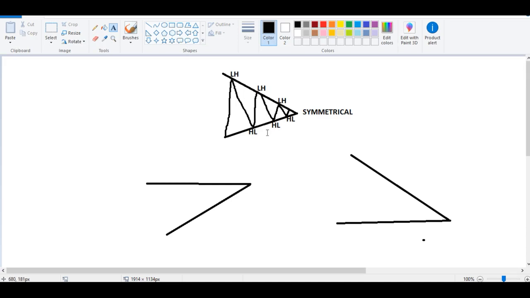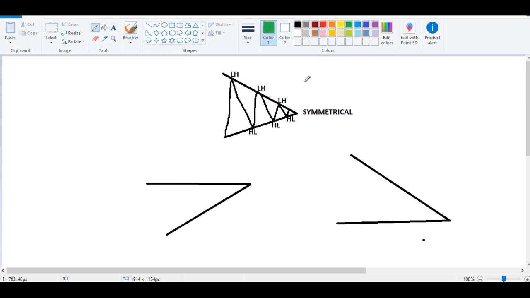Hence, price starts to trade in this narrow range. As soon as it gets to the end where the range is very narrow, price tends to break out, either towards the upside or the downside. Whichever side it breaks out on, that is the side we want to take an entry.